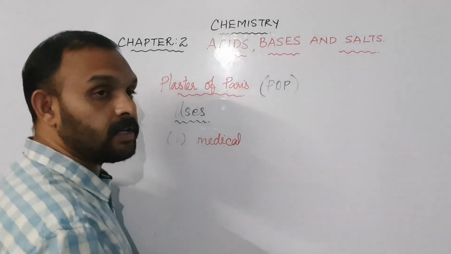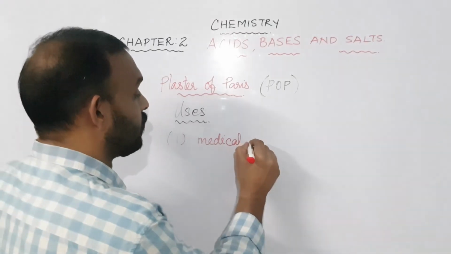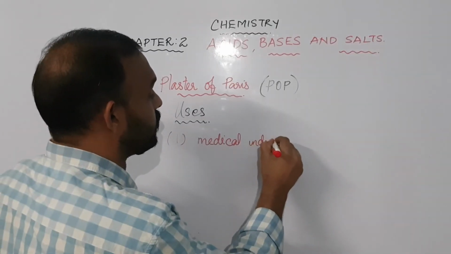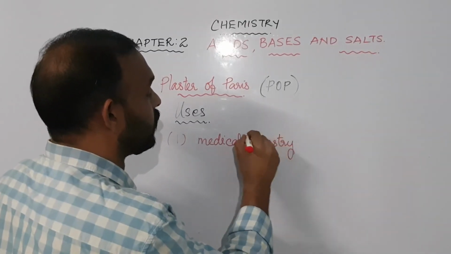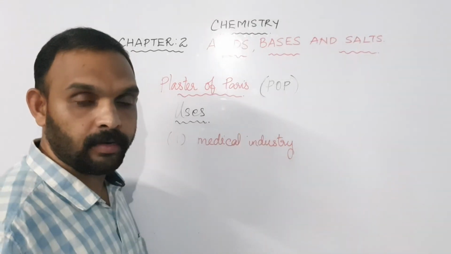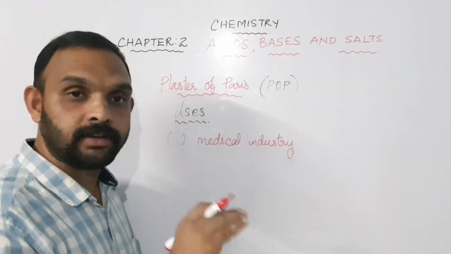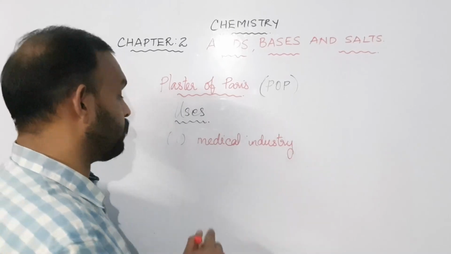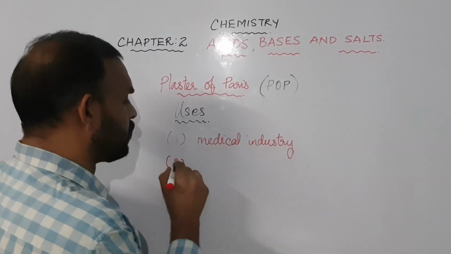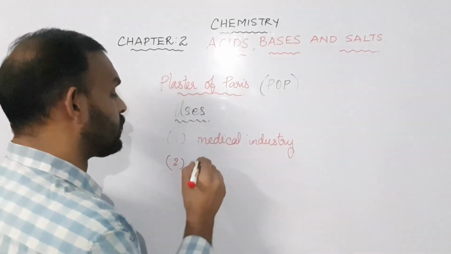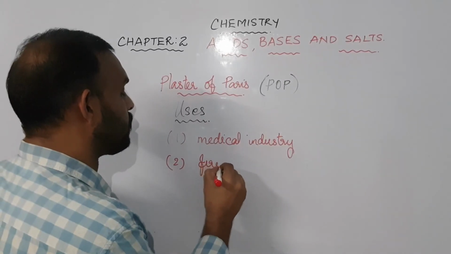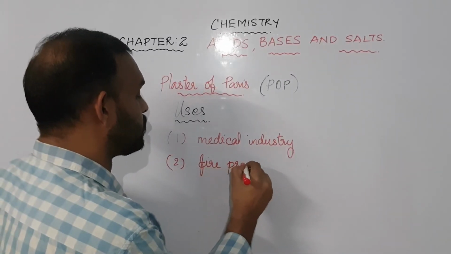And do you know what is the use of plasters? It is used for setting fractured bone in the correct position. Then another important use is that it is used as a fireproofing material.